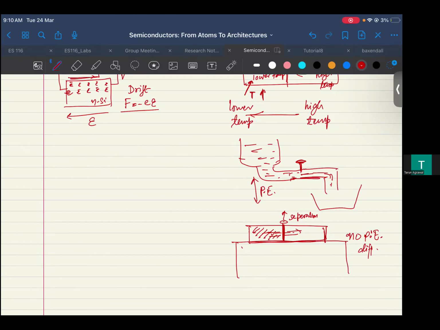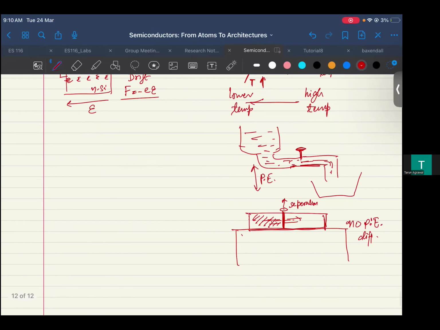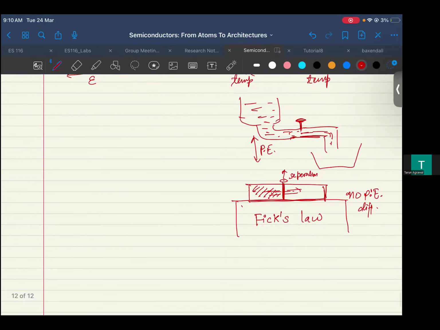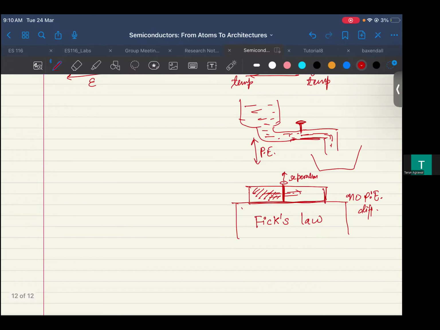So what is happening? That is what people studied, and it has been there for a long time. Mathematically or physically, this is governed by what we know as Fick's law, right? Fick's law says that the flux that is moving from left to right, because you will see the water flow, water flow means it's a flux, right?